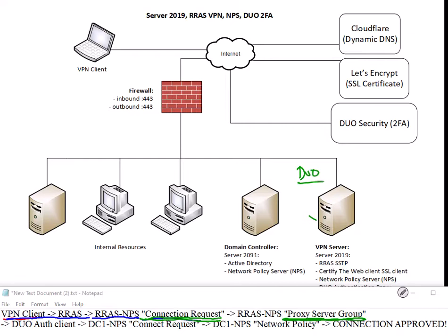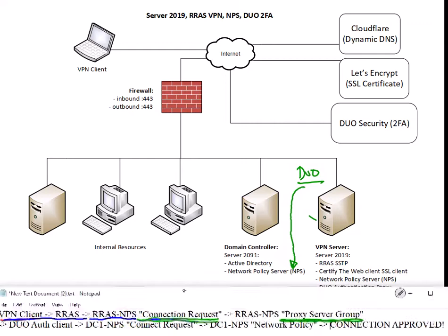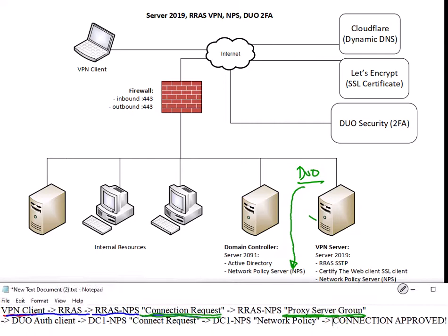Duo did its thing, and then it sends its approval to the network policy server on the domain controller, and that also comes in initially as a connection request policy. So it comes in here. In this case, on the network policy server on the domain controller, it's going to use both halves.